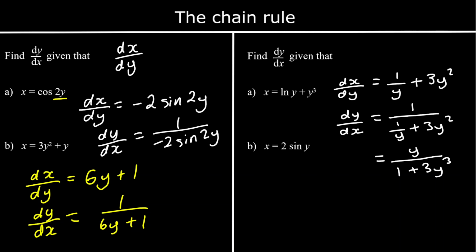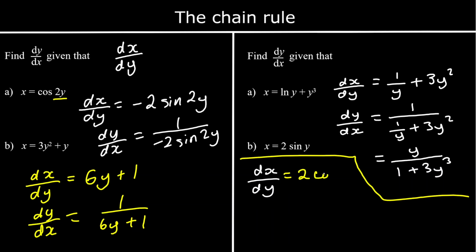And part B, so dx dy, so 2 sine y, sine goes to cos, so 2 cos y. So dy dx is 1 over 2 cos y.